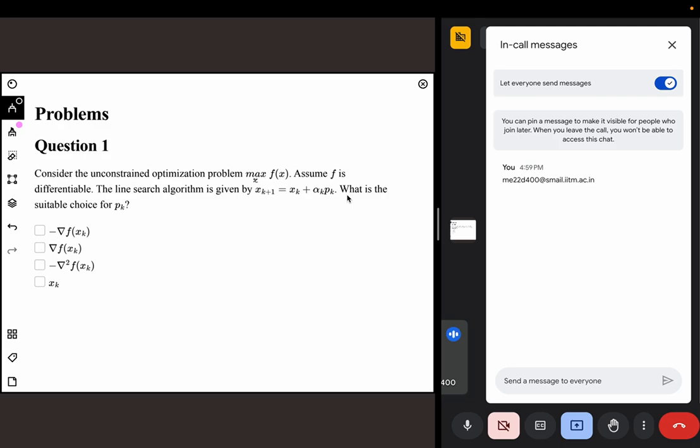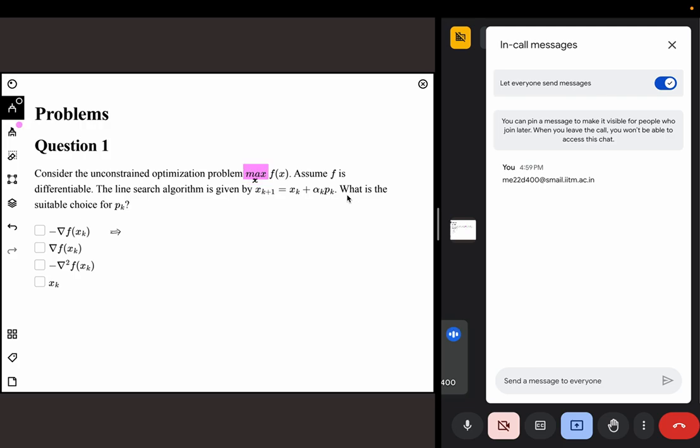Which of these is true for this particular case? The only difference from the one that we discussed some time back is that here we are trying to do a maximization problem.